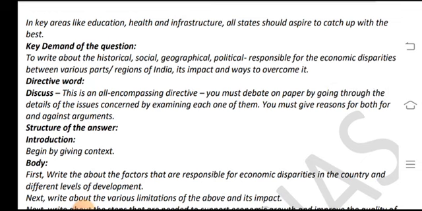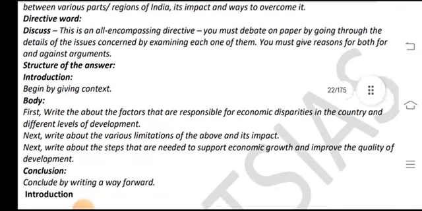This is an all-encompassing directive, and you must add the debates on paper by going through the details of the issues and concerns, examining each one of them, and you must give the reasons both for and against. Structure of the answer: Introduction, begin by giving context.